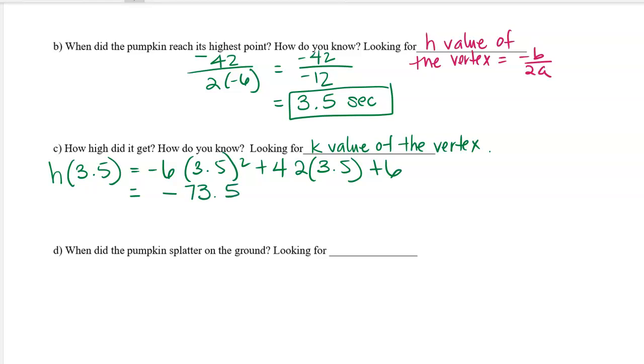All right, thank you so much. Chris, what is 42 times 3.5? 147. So -73.5 plus 147. Drop down the 6. All right, guys, everyone punch it all in your calculator. Spit out a number. Compare with your team. Box it up with the correct unit of measurement, okay?